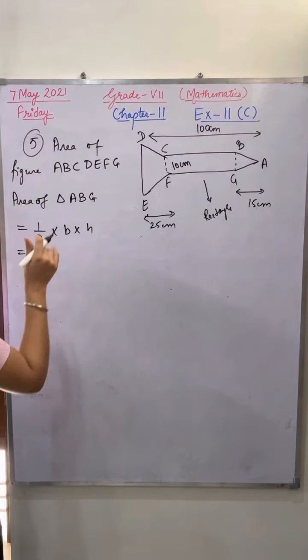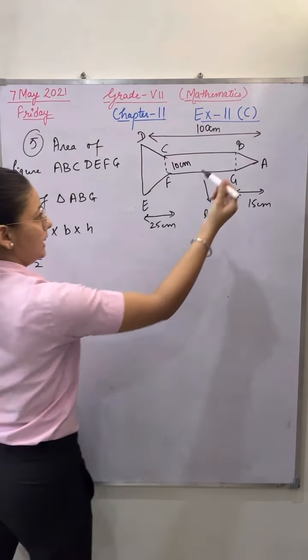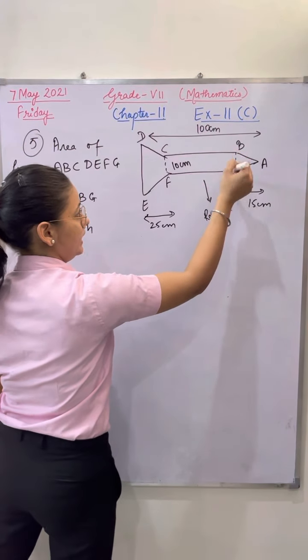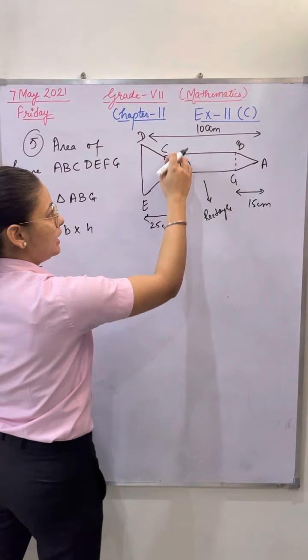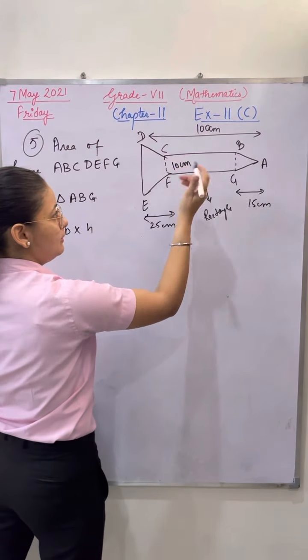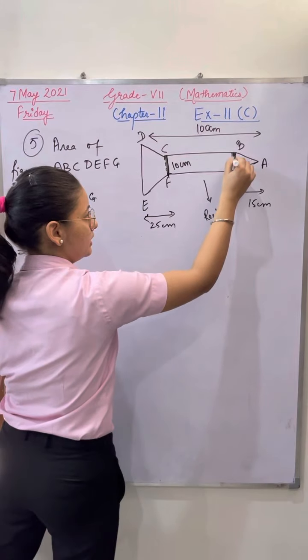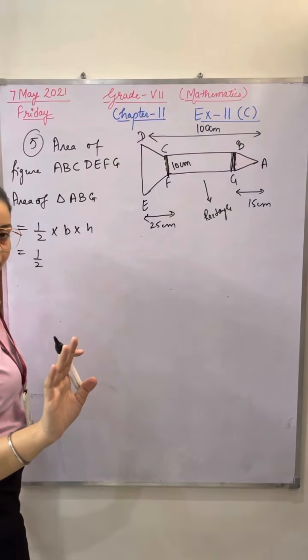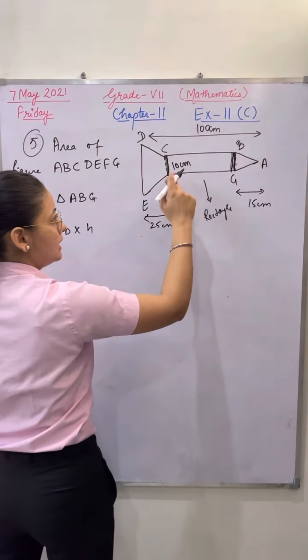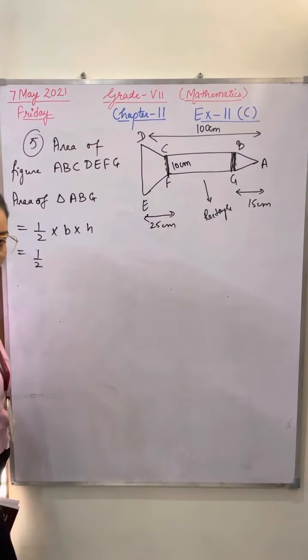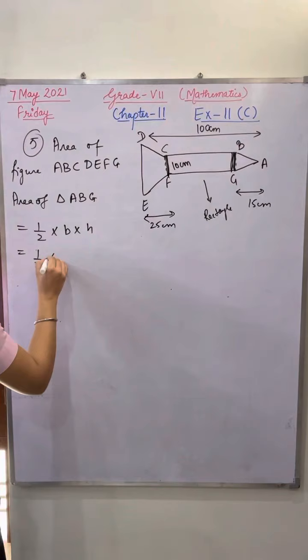Base is this BG, and BG is similar to CF. Whatever the CF is, the same BG is. So CF is 10. Obviously BG is also 10.